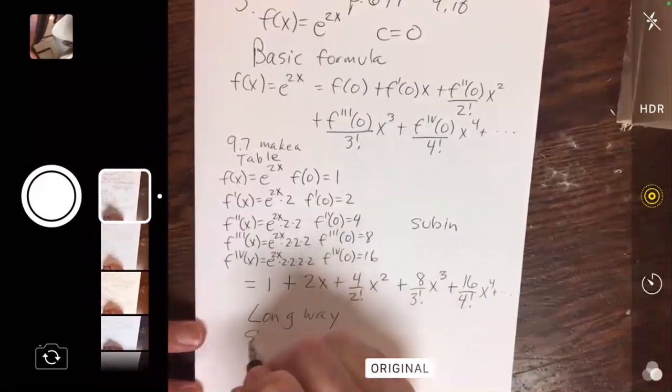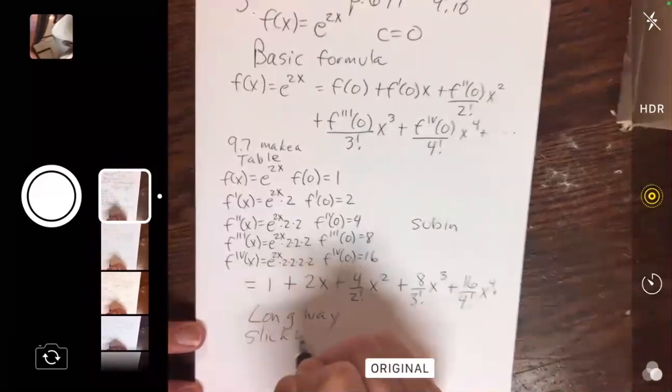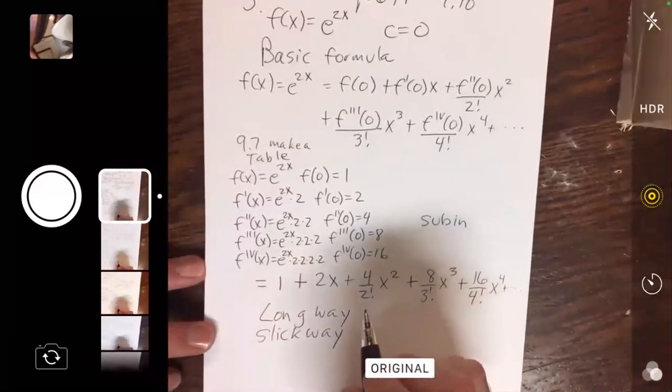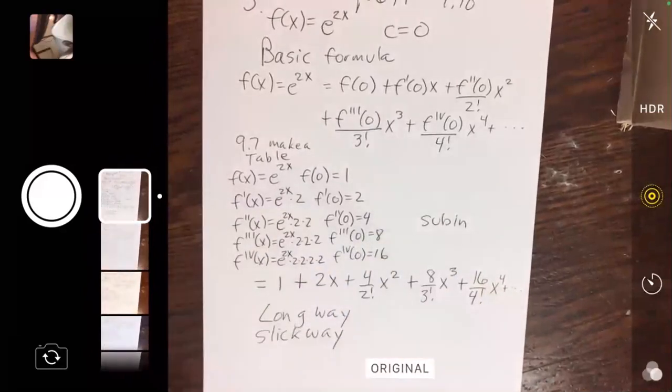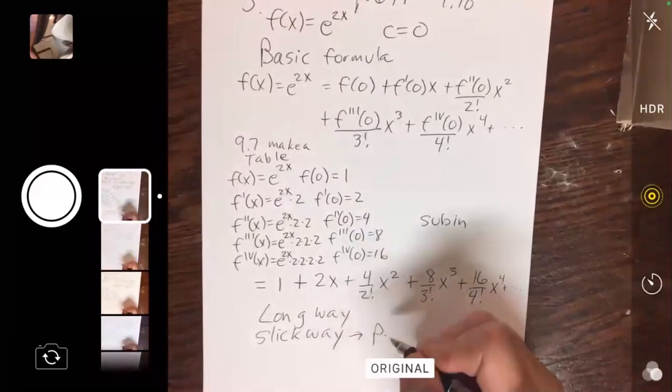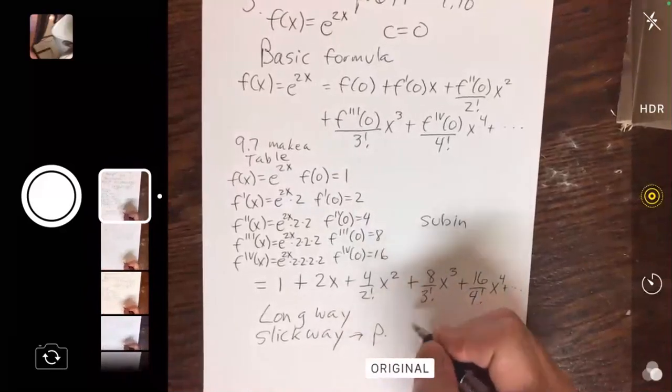Do you want to see the slick way? Sounds good. Page 674.